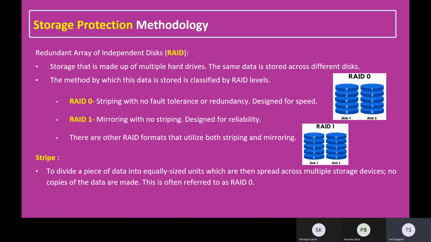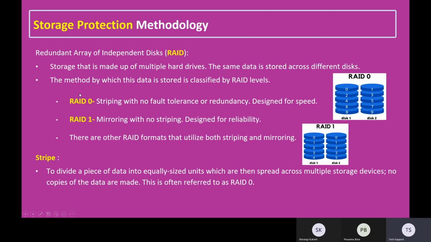In most real-time scenarios, the most commonly used are RAID 1, RAID 5 and RAID 10. These three are the most popular RAID levels. The remaining RAID levels we use in very rare cases. In this session, I'm going to explain how RAID 0 and RAID 1 work.